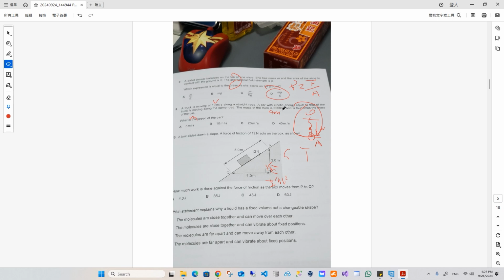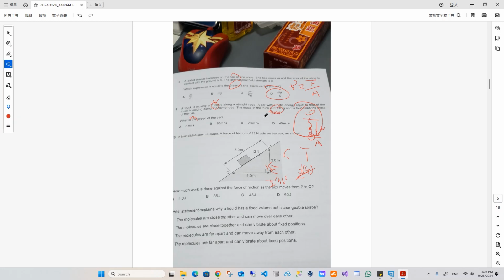So the truck is half times 5,000 times 10 squared. 10 squared is 100.